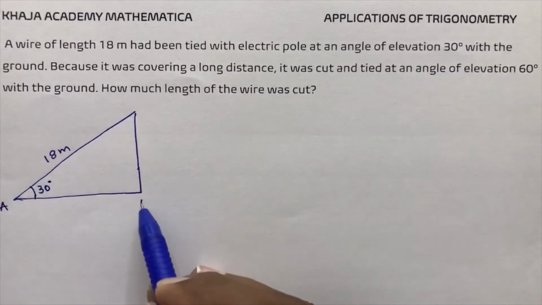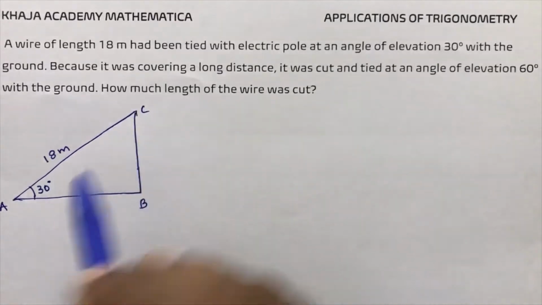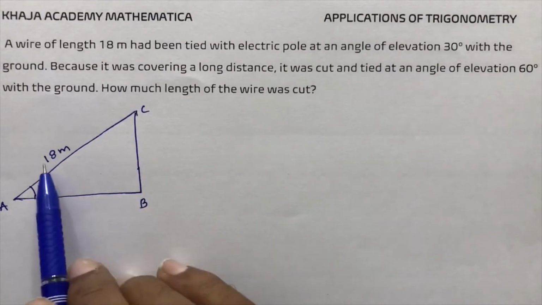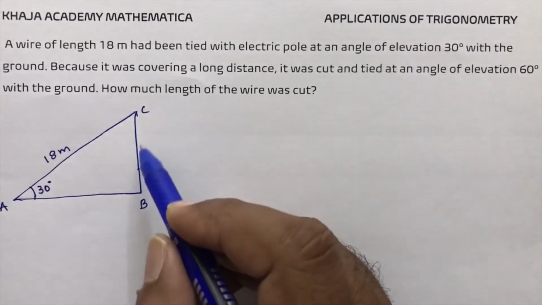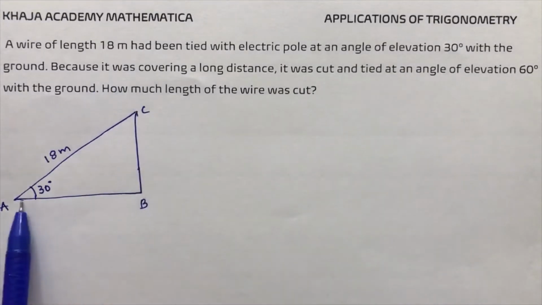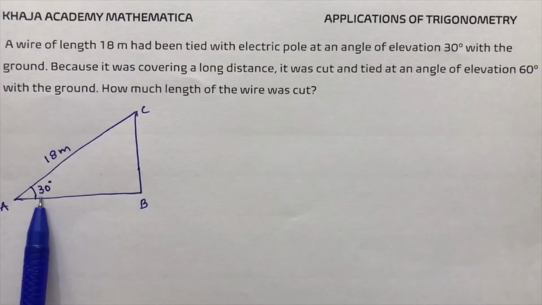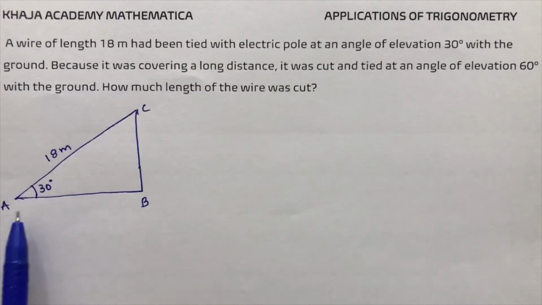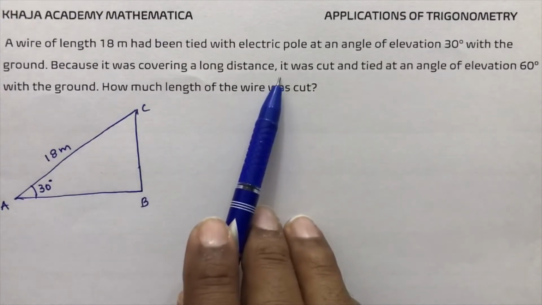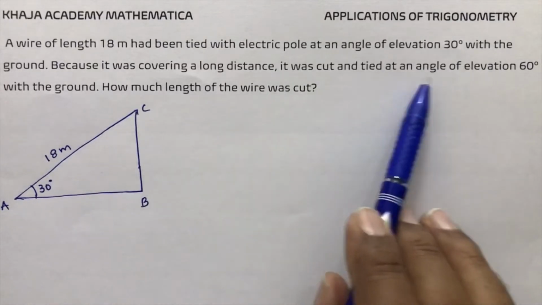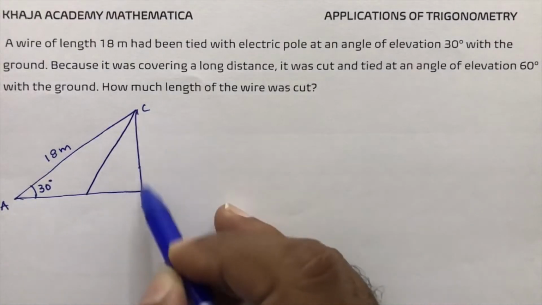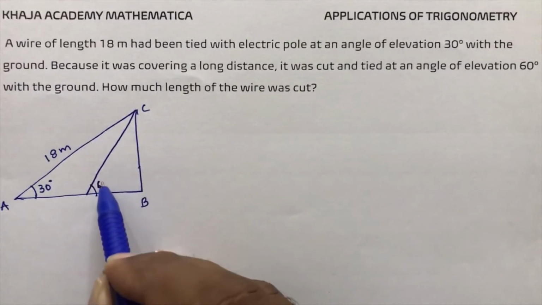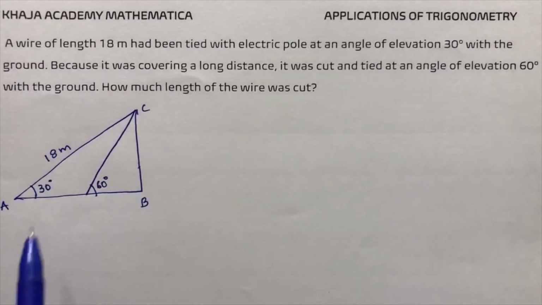So here AC is the wire, whose length is 18 meters, and BC is the electric pole. Because it was covering a long distance, as the angle is 30 degrees, the wire has been cut and tied at an angle of 60 degrees. When the angle is 60, they have tied somewhere nearer to the pole.